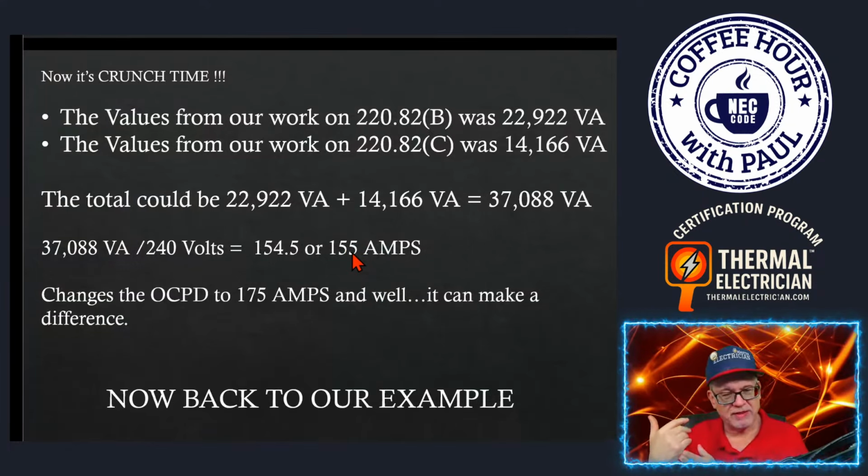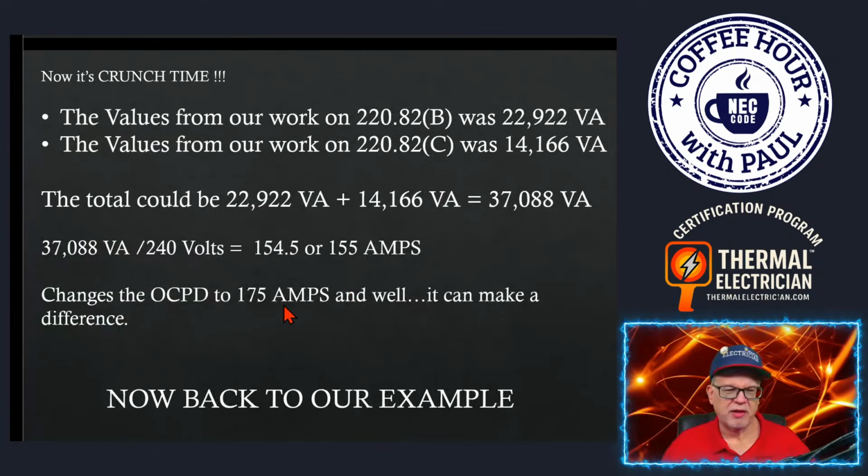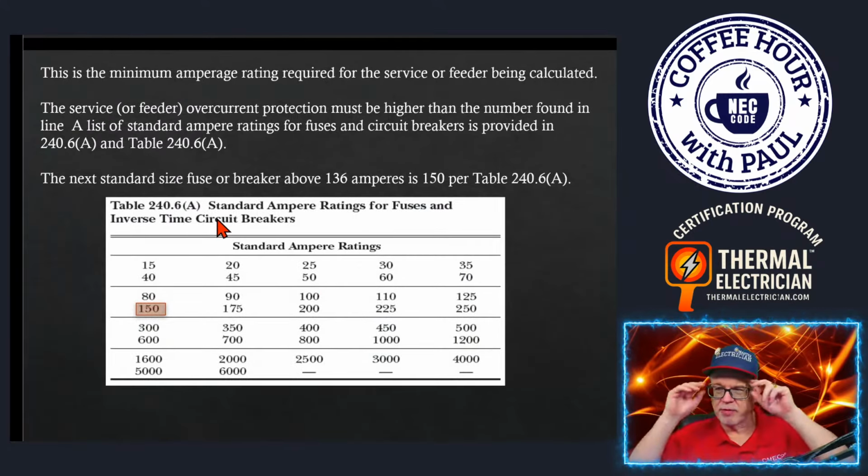Most cases, this dwelling is going to be a 200 amp anyway. So people are like, it's not an issue. But just so you can see the difference. Okay. Also, in this one, you're probably going to be 150 amp. And here you see it just bumps it up to a 175. Okay. All right. Now let's get back to our example that we did.